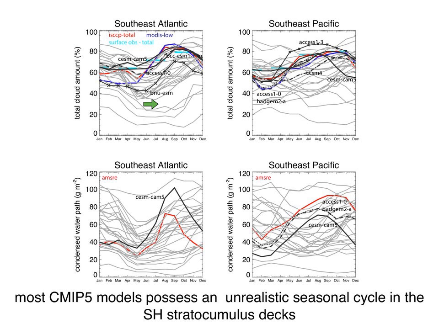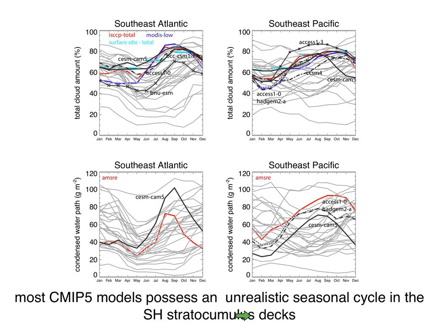A couple of models do a bit better, and nicely for the U.S., the CCSM4 and the CESM CAM5 models do a bit better at capturing the seasonal cycle accurately. So this would tell us that either the clouds are not responding to large-scale conditions correctly, or the internal representation of the clouds is not accurate.